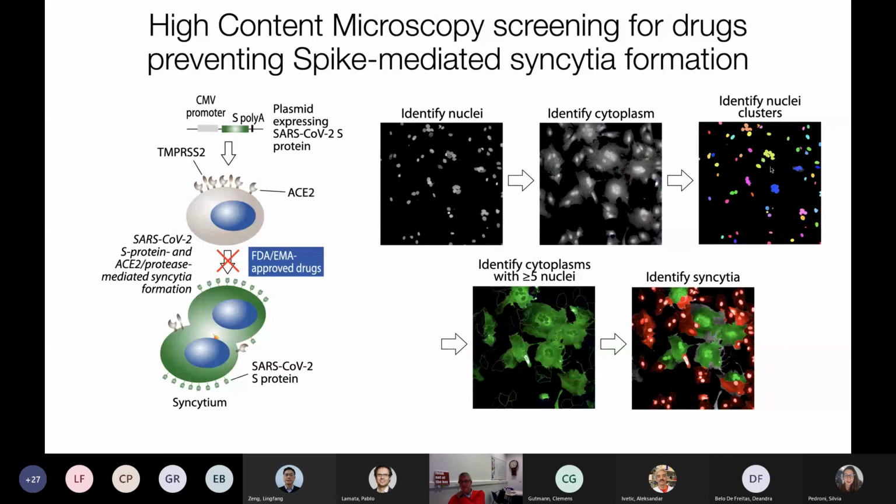And then within the nuclei identified, search for those that are clustered, because the nuclei of syncytia stay one close to the other. If there are more than 5 nuclei in a single cytoplasm, the software is instructed to call it a syncytium. In this manner, you can quantify the syncytia and have an idea of the activity of the drug at inhibiting formation of this syncytia.